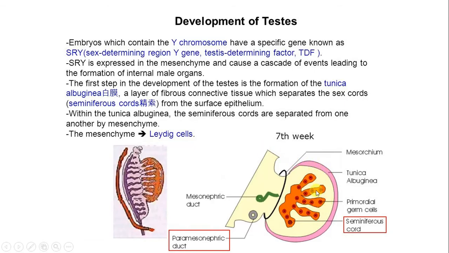And within this, here are the seminiferous cords developing. And the mesenchyme here inside will develop into the Leydig cells. Leydig cells here.